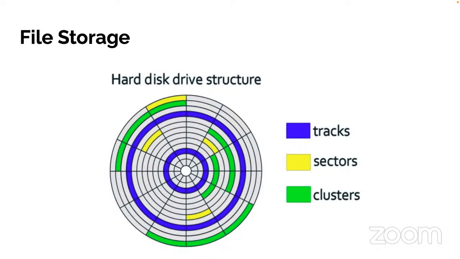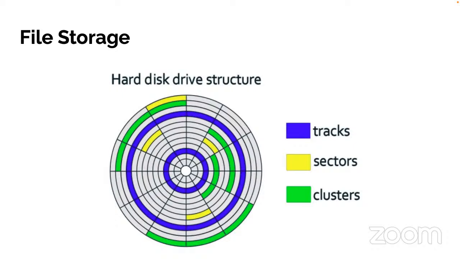In this example of a file having 800 bytes, the physical size of the file is 1024 bytes or 2 sectors. The logical size is 800. Does that make sense? Cool.